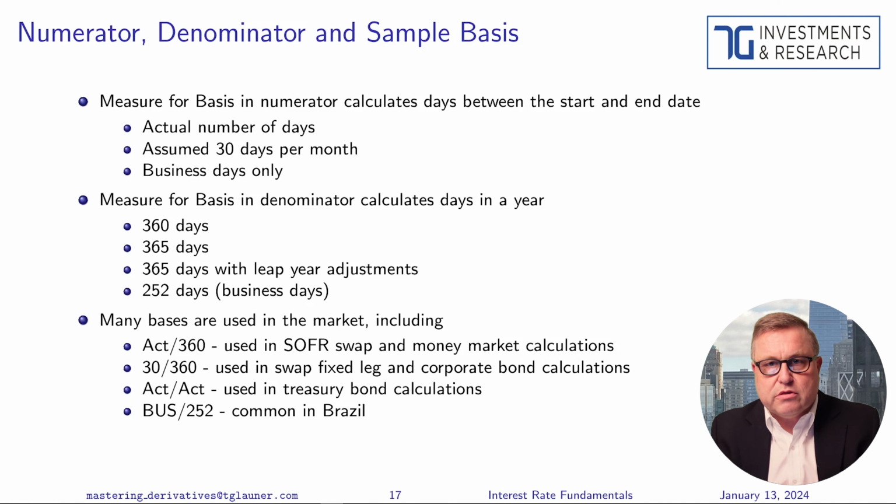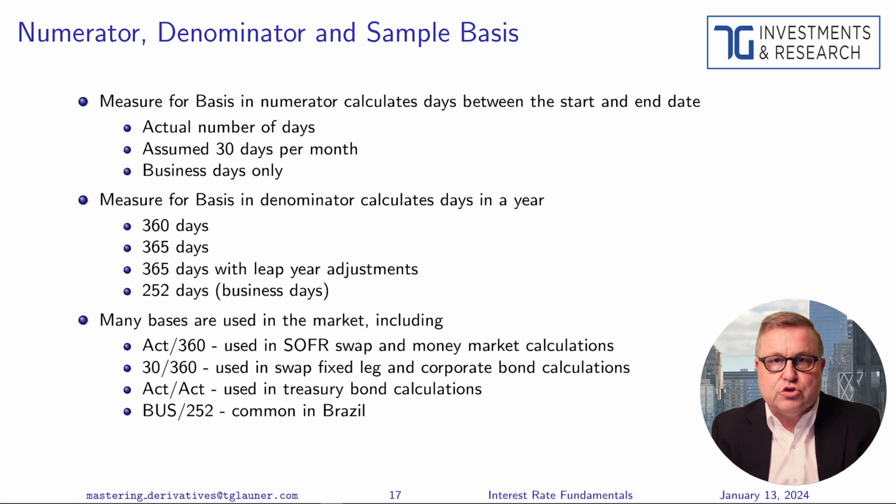When encountering these terms in practice or systems that already recognize them, it's crucial to understand the implications for accurately determining cash flows and valuations. Lastly, there's also the number of business days in the period over 252 as another example of a basis we might encounter.